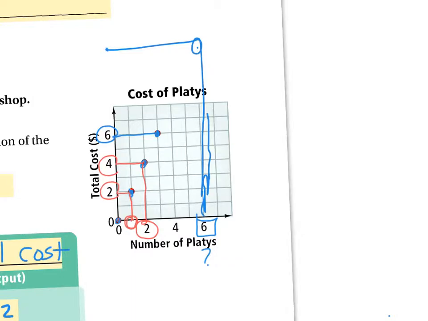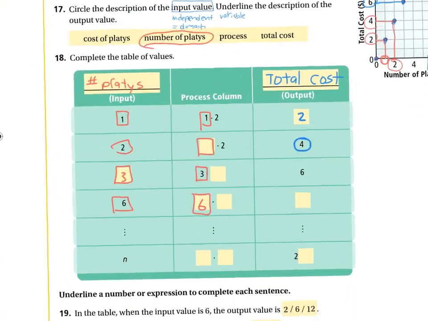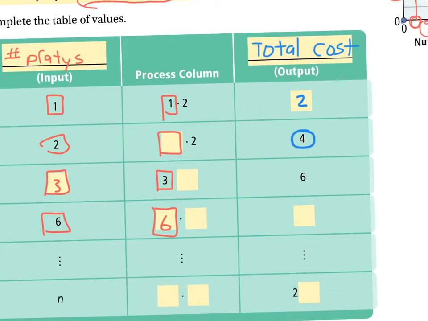We can't actually determine it, but that's what we're doing here. Notice how do I get from a 1 to a 2? Notice that each time, I am doubling. Times 2, times 2, times 2. So in the end, for 6, it's going to cost me $12.